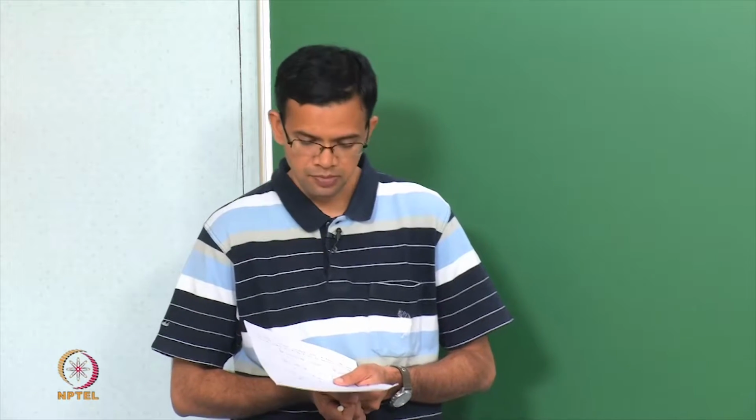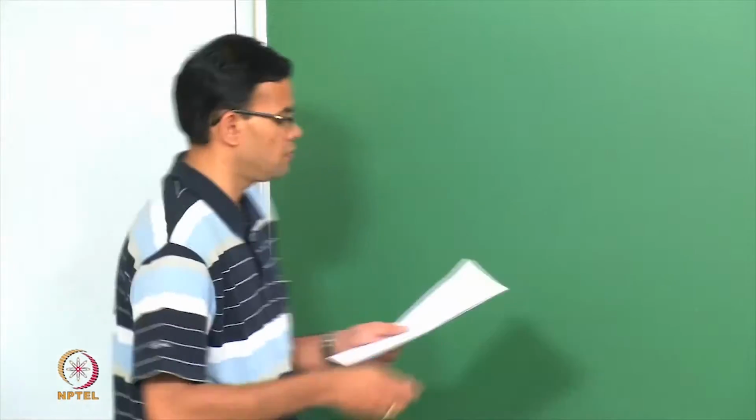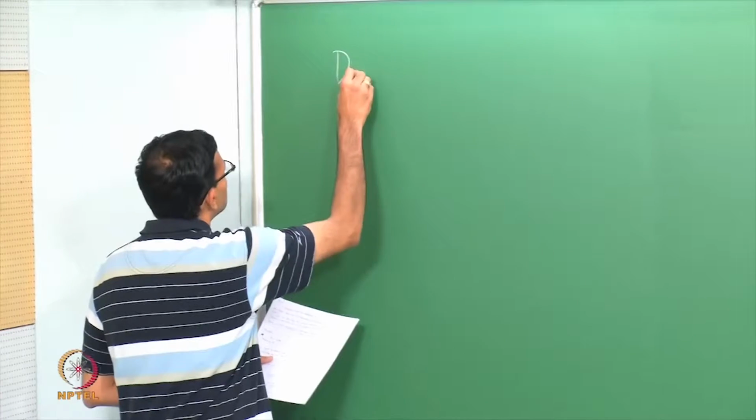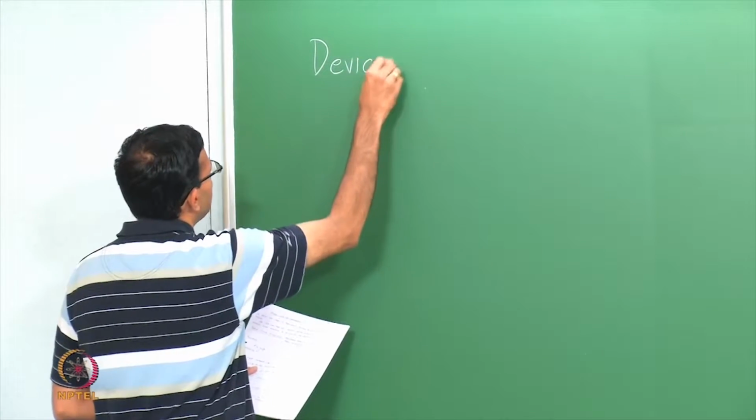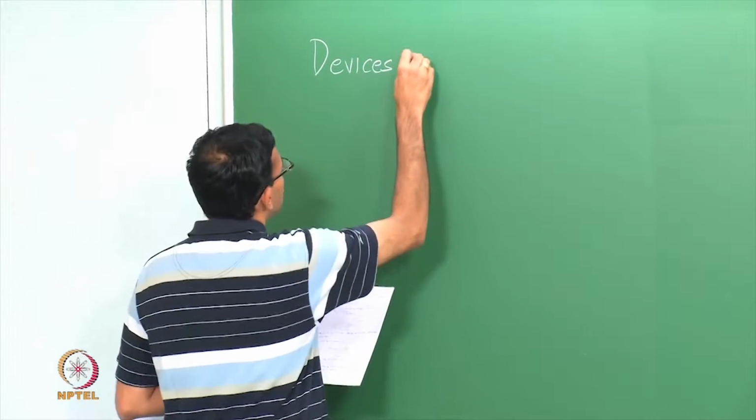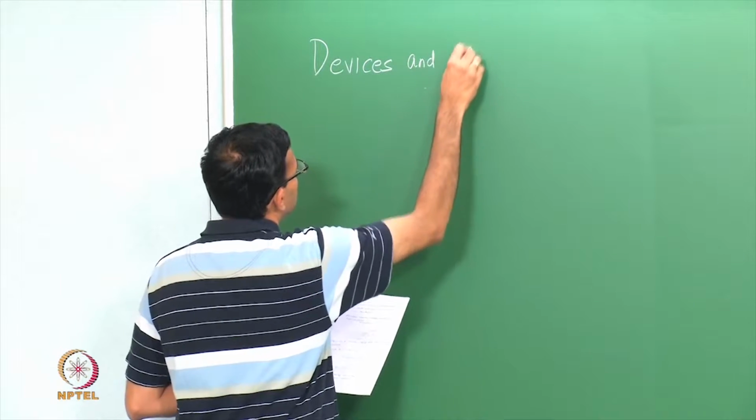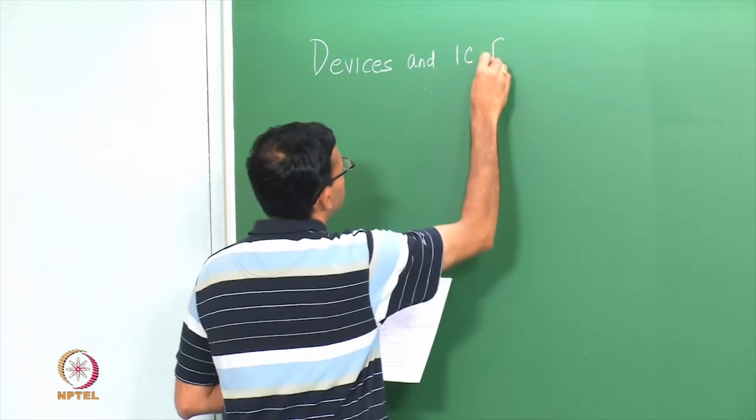So, today and in the next class, we will look at some of the elements that go into your IC chip and how all these various elements come together in order to form your integrated circuit. So, we will look at the different devices and how they come together to form the IC.